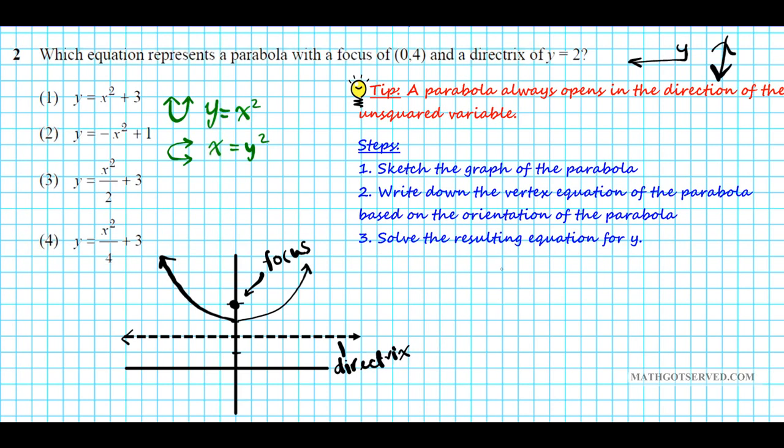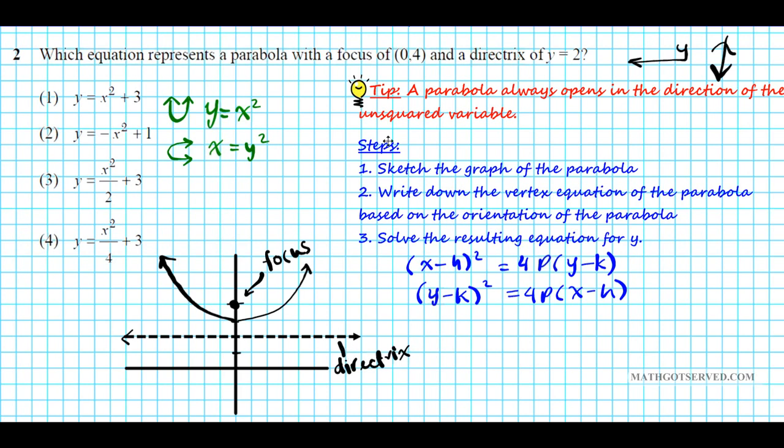Okay, we have (x minus h) squared equals 4p times (y minus k), or we have (y minus k) squared equals 4p times (x minus h). The difference is that in the first one, x is squared, and in the second one, y is squared. So which one do you think is applicable to this parabola right here?